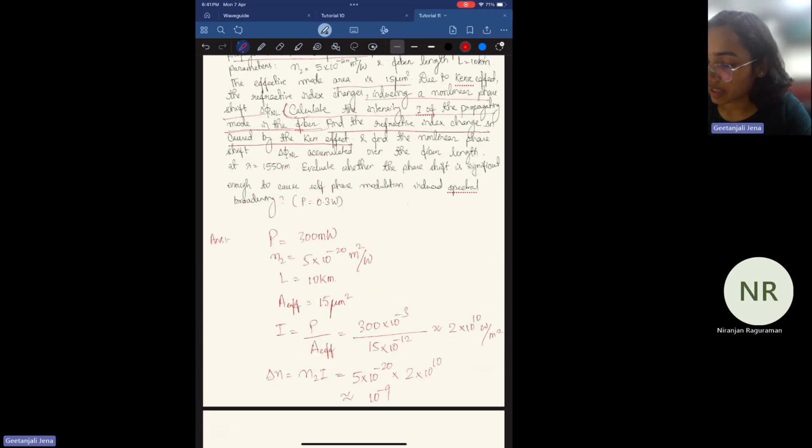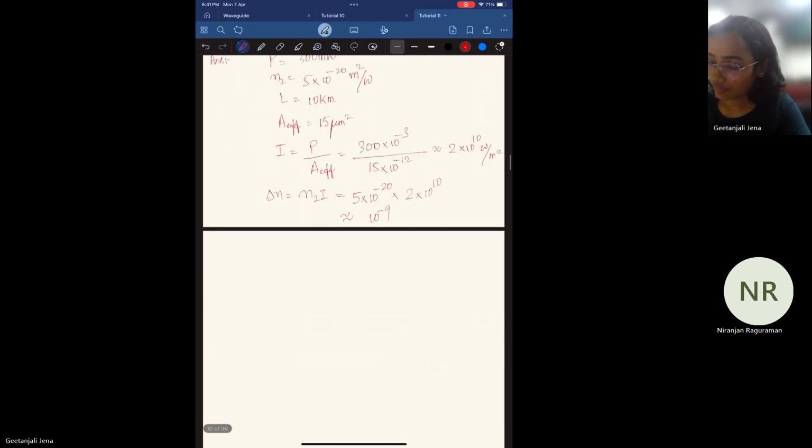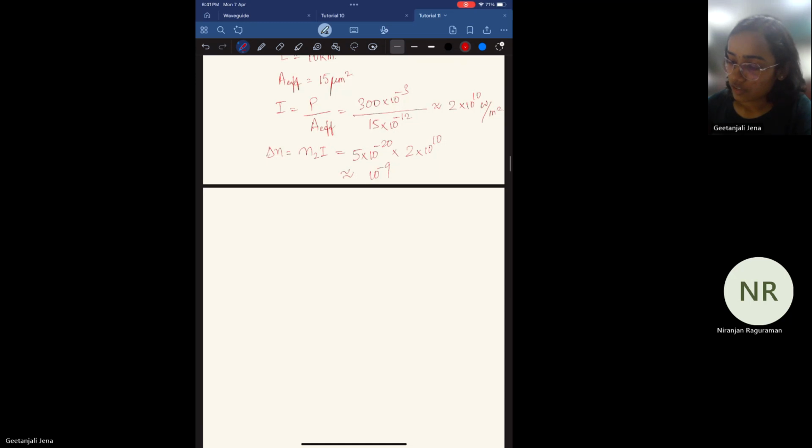In the third part, find the nonlinear phase shift delta phi NL accumulated over the fiber length, at lambda 1550 nanometer. So we need to calculate the accumulated phase. This we have already seen before.